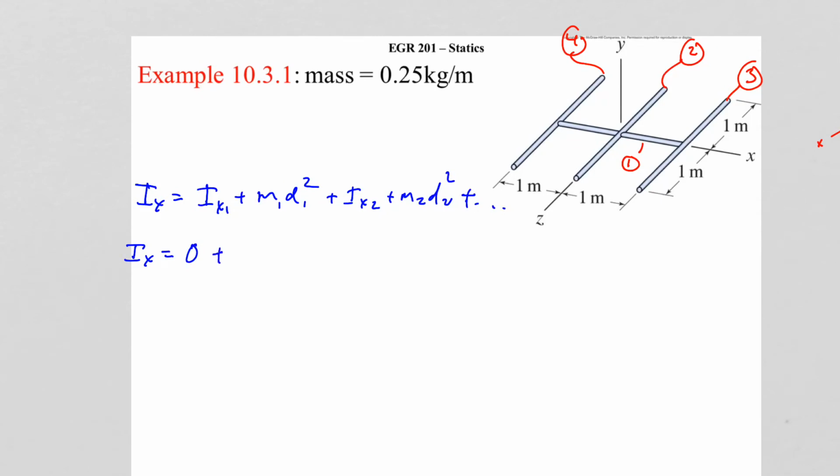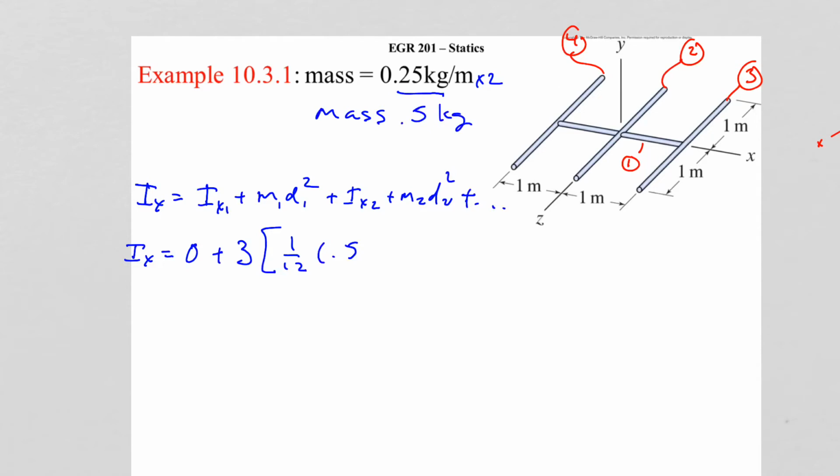I'm just going to say it's 3 times because they're all the same. 1/12 this mass, which is 0.5. If I take this 0.25 times 2 meters, I get a mass of 0.5 kilograms.